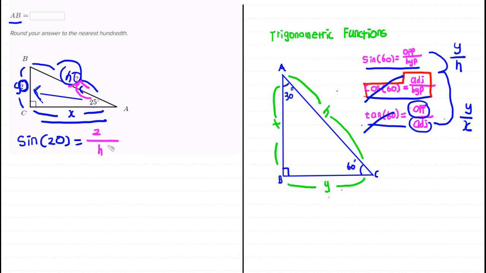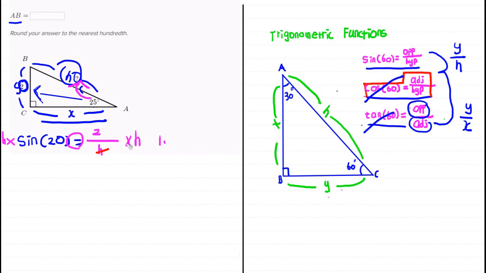But we need to remove this h from the right side and leave it on the left side. So we multiply by h in order to solve for h. And if we multiply h to the right side, we also need to multiply h to the left side to keep the equation equal. So this is our first step.